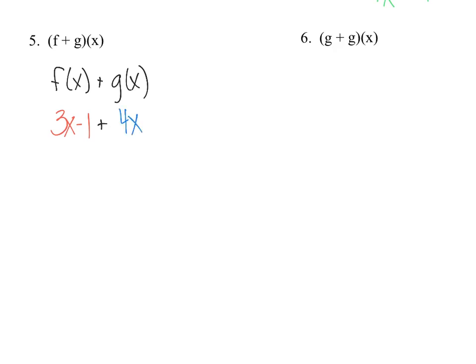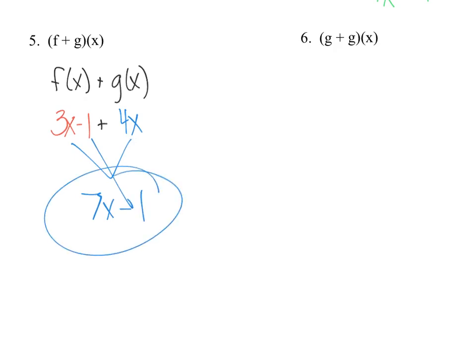I'm not plugging anything into x. This x here tells me I'm not plugging anything in. I'm just adding. So what's my next step? Combine like terms, good. What's 3x plus 4x? 7x. Don't forget to bring down your minus 1.